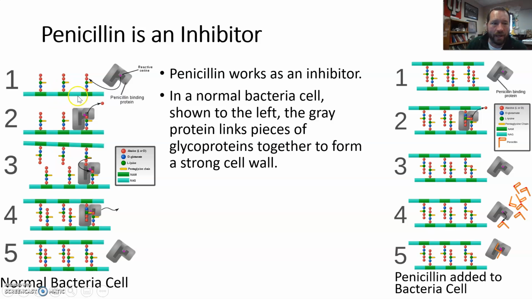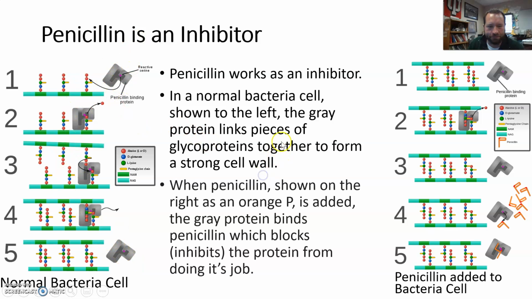So those are the plant parts, or the plant-like parts of the wall, the carbohydrates, and then these little circles are amino acids. And what happens in a normal bacteria cell is this gray protein is going to link the amino acids of one part of the wall to the next. And now they're tied together, and the bacteria cell's wall is strong, and it's linked, and that's what that gray protein is in charge of doing.